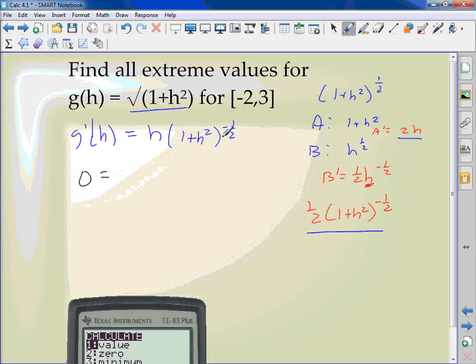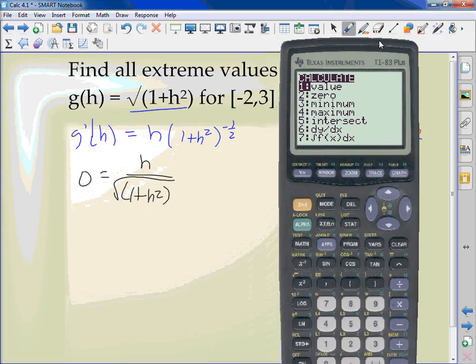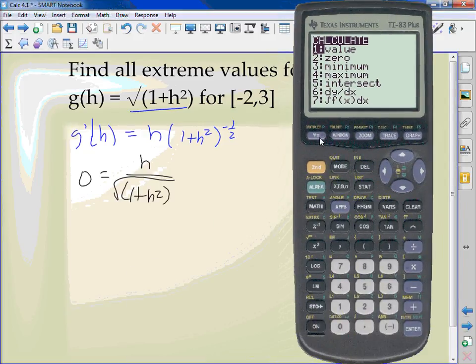I don't want to leave it to the negative 1/2. What do I need to do?